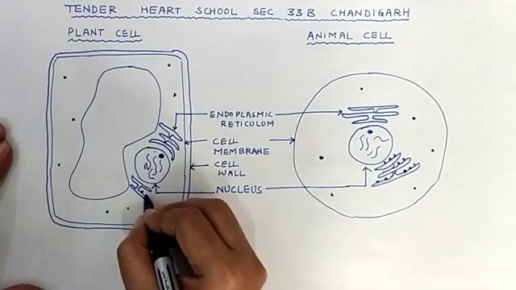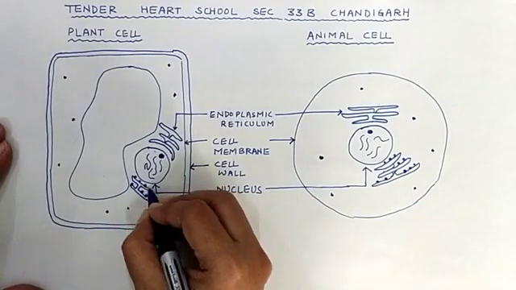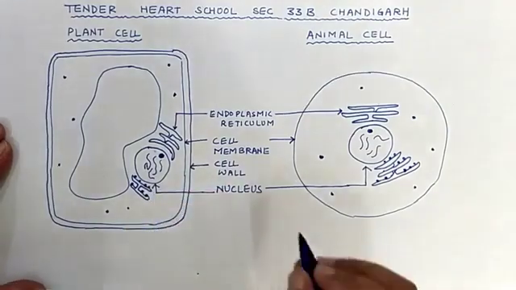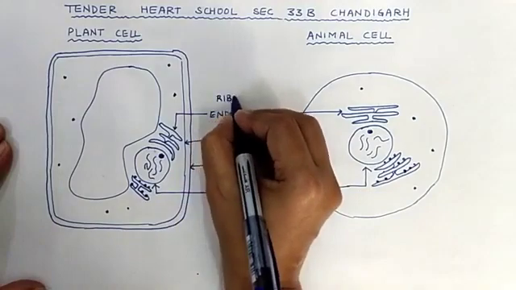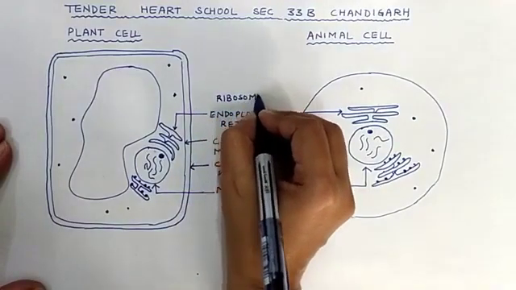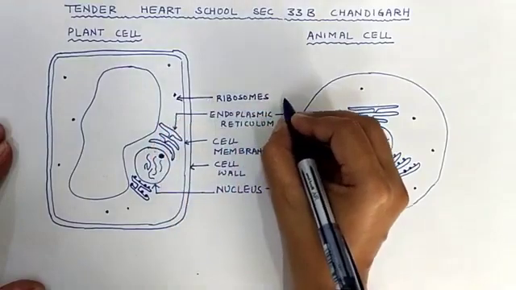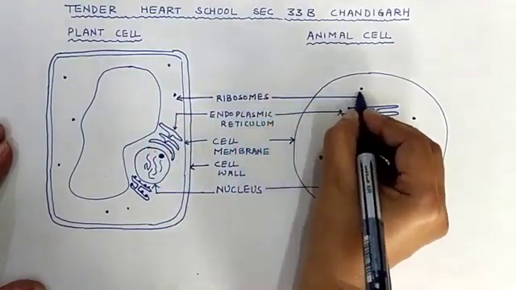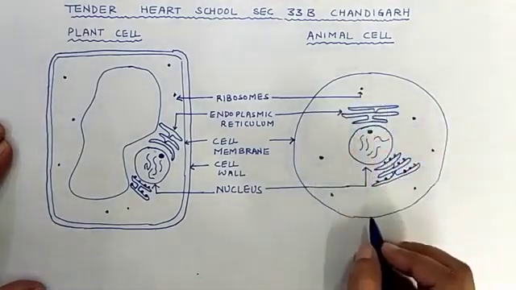Rough endoplasmic reticulum is the endoplasmic reticulum on which the ribosomes are attached. So let us label these ribosomes. These are the ribosomes, small granular organelles which are helpful in protein synthesis.